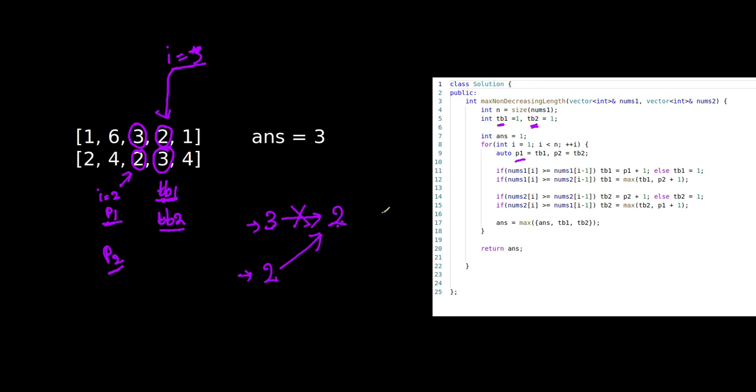In this case, we set tb1 to be equal to 1, and from 2 we can go to 2 because 2 is equal to 2. Here we said we have p1 and here p2. Because we can go from 2 to 2, we have p2 plus 1. In this case, tb1 will be the maximum of 1 and p2 plus 1.